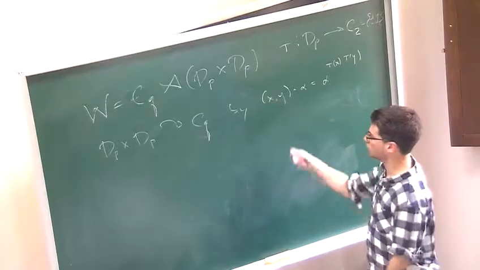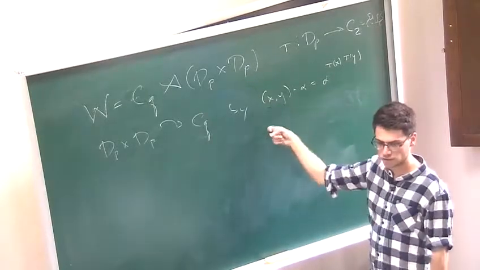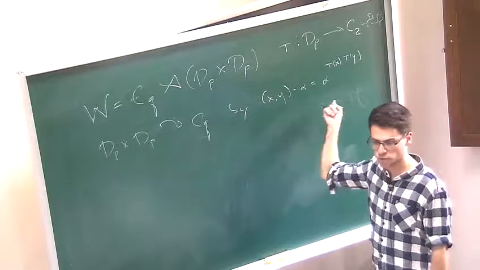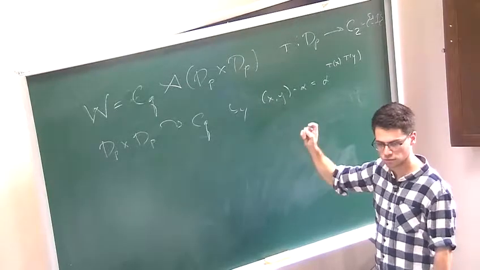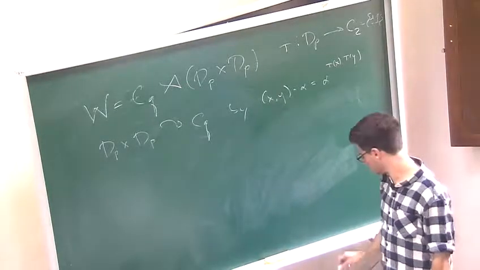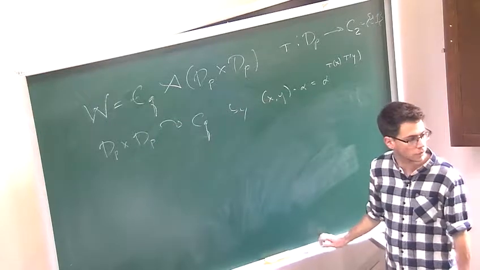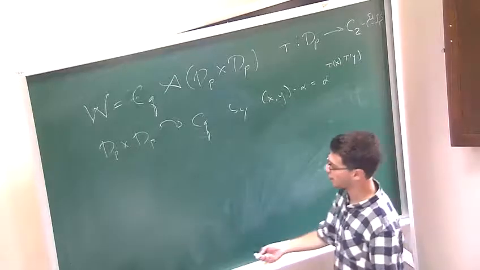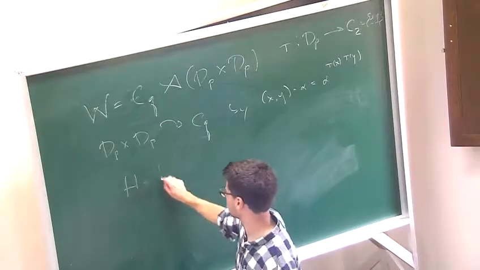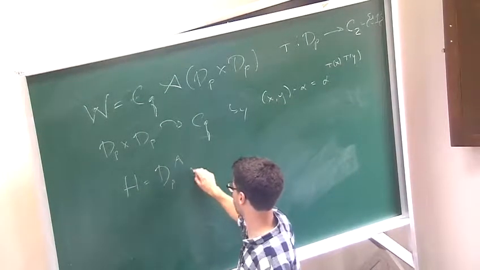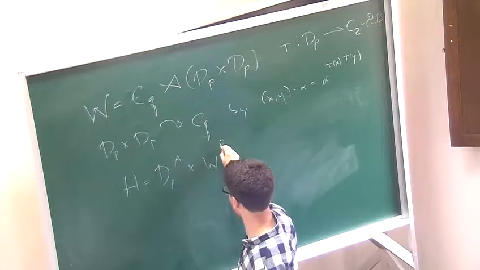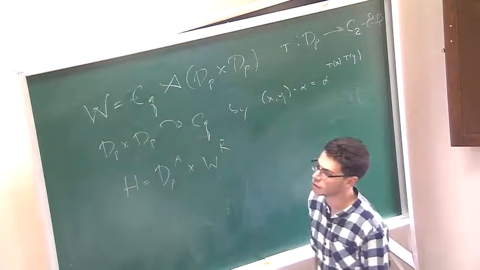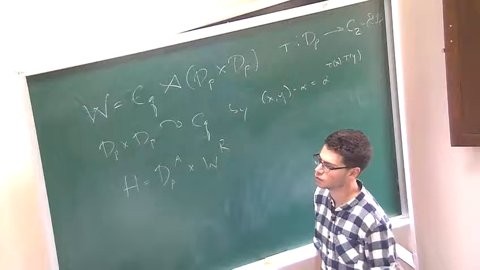So again, you take x and y, you look at their images under tau. If those are the same, then you do nothing. If they're different, then you invert. That's the rule. Sorry? You have an H in the second. Yeah, so I said that I had a typo. So H is what I'm calling D to the A times W to the R. Okay, but I won't use H ever again, so you don't need to worry.